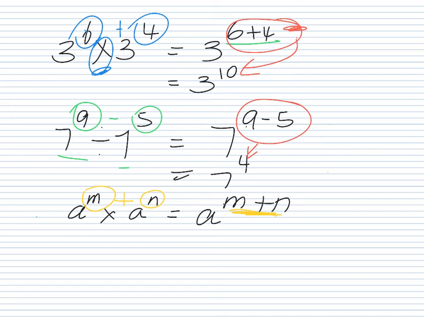Because I don't know the values of these two, I can't actually put mn, because that would make it look like a multiplication, and it's not. It's supposed to be a plus.